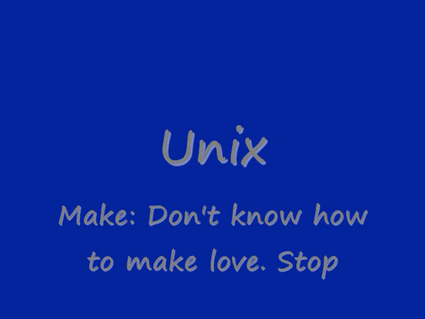So you tell Unix to make love, and since Unix can't do that, it will reply back with "make: don't know how to make love. Stop." And so it just shows you some of the funny error messages you can intentionally generate with Unix based on using operations and modifiers.